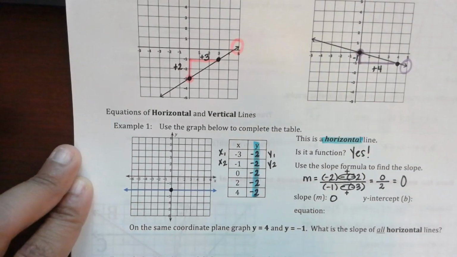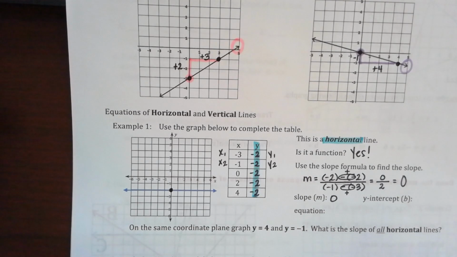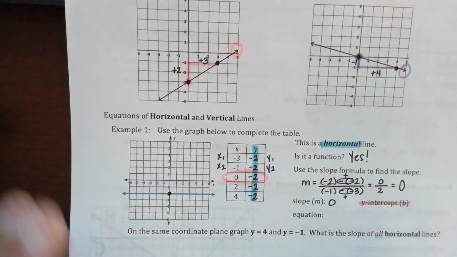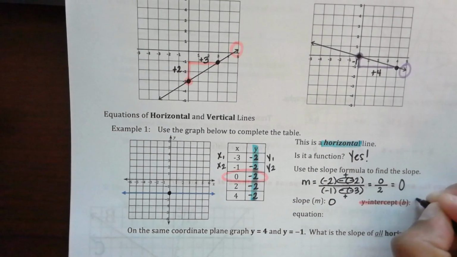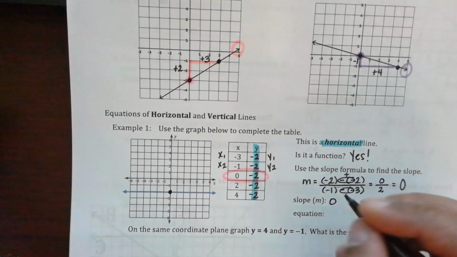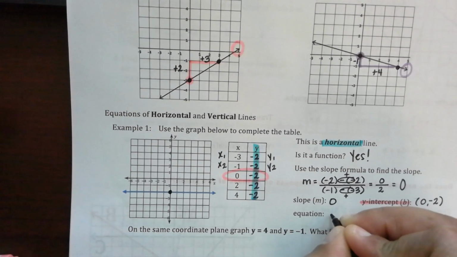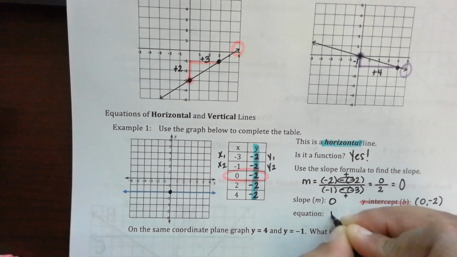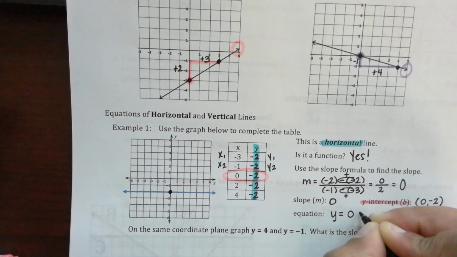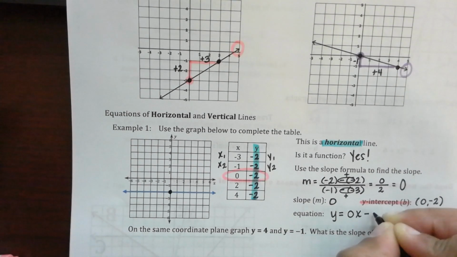Do I have a y-intercept on the table? Yes, where? At -2. It's right there. So (0, -2). So how would I write my equation in slope-intercept form? y equals m x, and then minus 2.